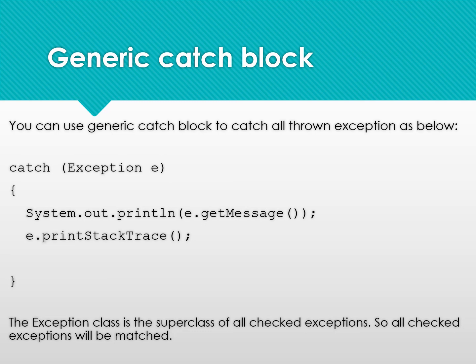Under it you have Throwable, and underneath Throwable you have Error and Exception, right? So this is referring to that. Exception is a superclass of all checked exceptions. We'll have a look at what a checked exception is in another video. So let's say you don't know what is the error being triggered, you can use the superclass here, and it will print out the message for you.